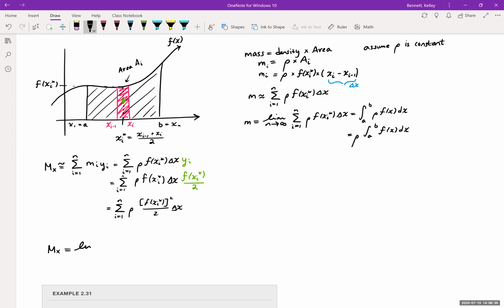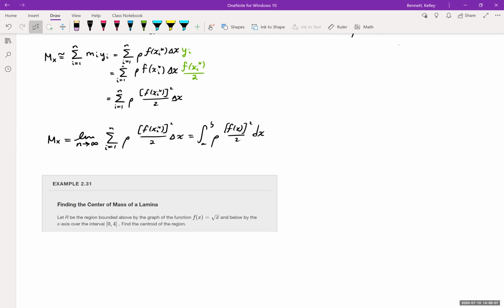So the limit as n goes to infinity of our summation from i equals 1 to n of rho f of xi star squared over 2 delta x, which becomes the integral from a to b of rho f of x squared over 2 dx. And we're going to do the same process with m sub y. So give myself some more space.